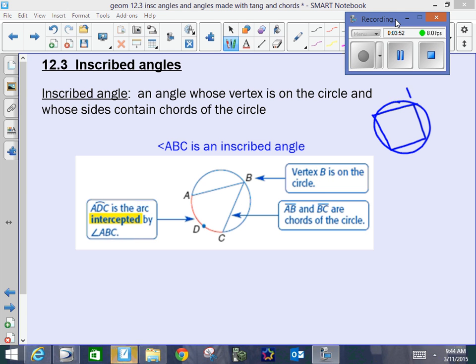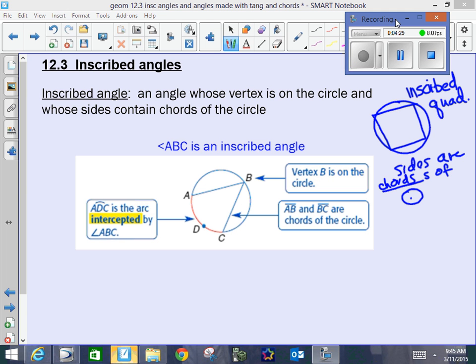This is an inscribed quadrilateral, where all the sides are, what are they? The sides are chords. There you go, Lindsay. Chords. So that's an inscribed quadrilateral from 12-1.